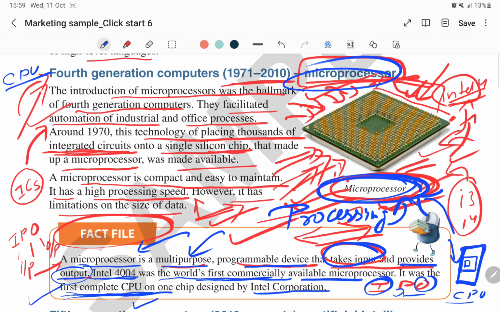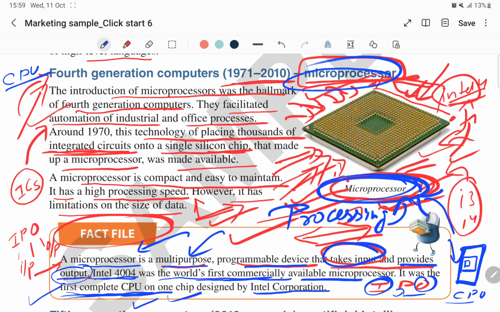And when that microprocessor, the Intel 4004, was placed on the motherboard and fixed in the CPU, then that CPU was known as the world's first complete CPU on one chip.